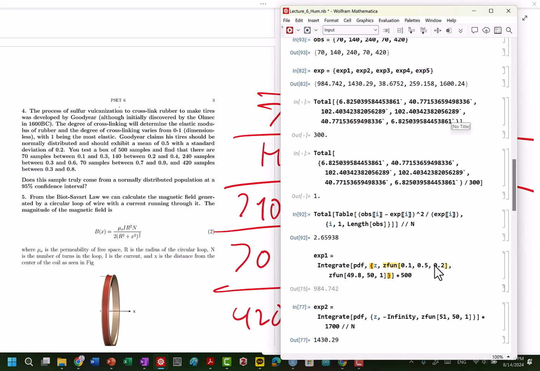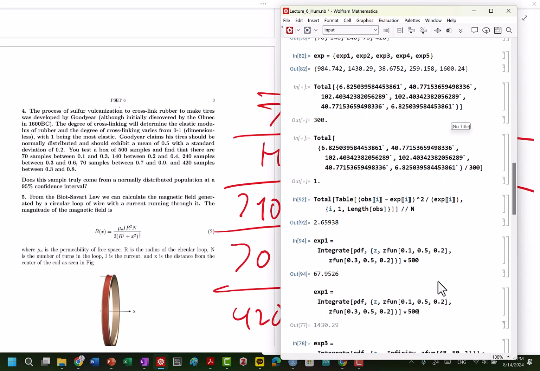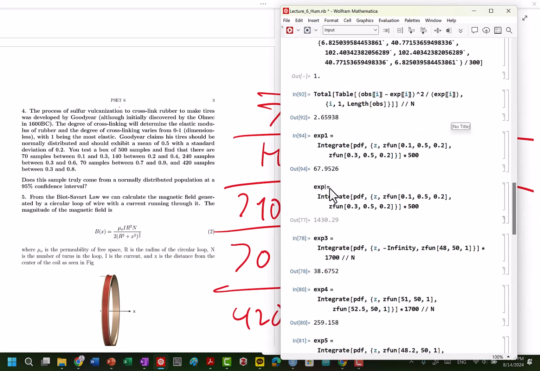So let's copy this over to here. So that's our expected 1. Our expected 2 will be very similar, except now 0.2 and 0.4.